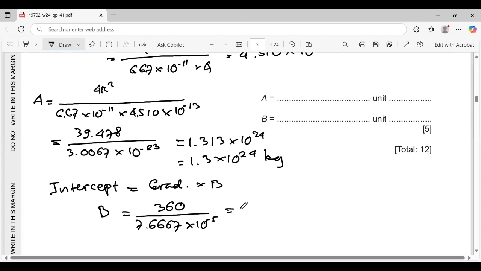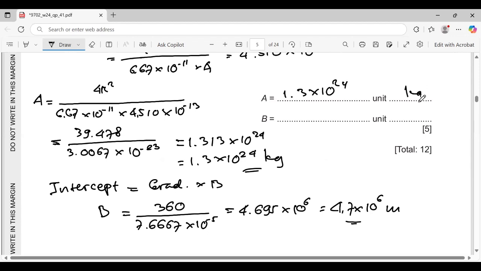And if you calculate, the result is 4.695 times 10 power 6, or 4.7 times 10 power 6 meters. So this is the radius of the planet, and this is the mass of the planet. A is 1.3 times 10 power 24, and the unit is kilograms. B is 4.7 times 10 power 6, and the unit is meters.